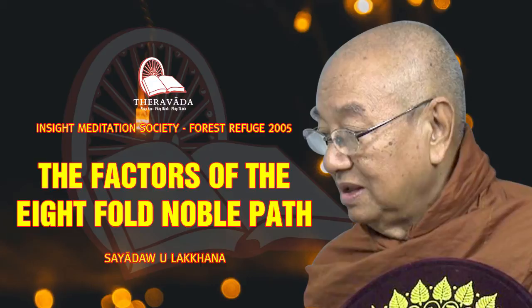So this compound is what is meant by kaya. And so this compound of various physical phenomena is what we call body, kaya, the experience of body. So without cultivating the factors of the Eightfold Noble Path, there is no way that we can come to see the natures involved, the nature of these phenomena involved in the rising and falling process. Only if we cultivate these factors of the Eightfold Noble Path do we come to see the true nature of these phenomena.